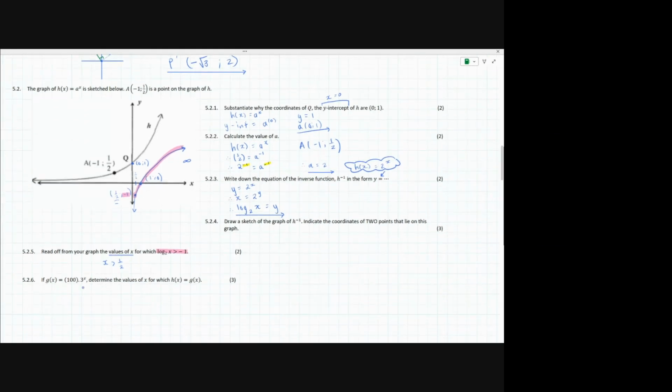All right, this last question here, g of x is equal to 100 times 3 to the power x. Determine the values for which h of x is equal to g of x. Who can tell me when two graphs are equal, what are we looking for? When we make two graphs equal to each other, what are we finding?